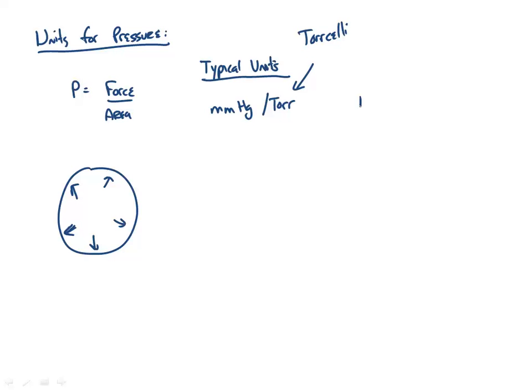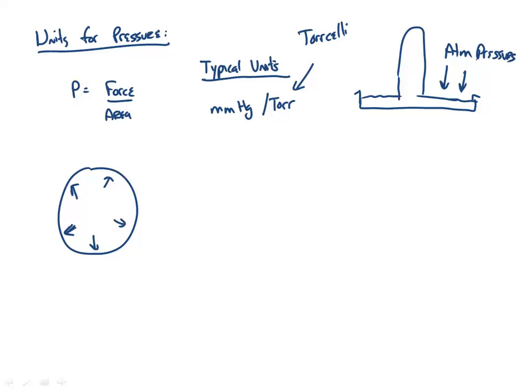And that comes from the fact that if I take mercury, so I've got a pool of mercury, and I invert, say, a test tube in it, then the atmospheric pressure pushing down will cause that mercury to rise up in that tube a certain distance. And that's where we get that unit of millimeters mercury.